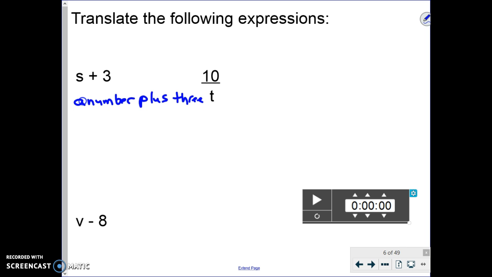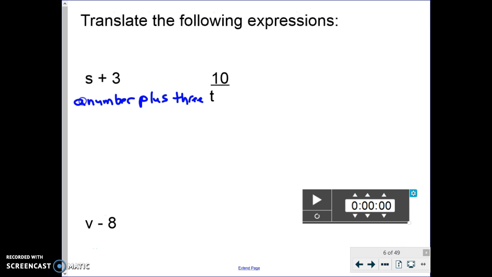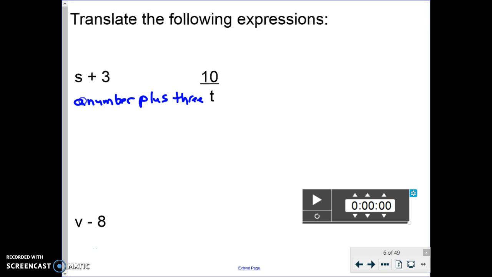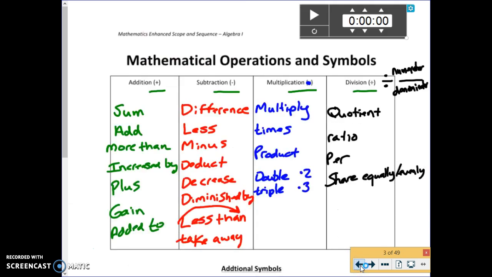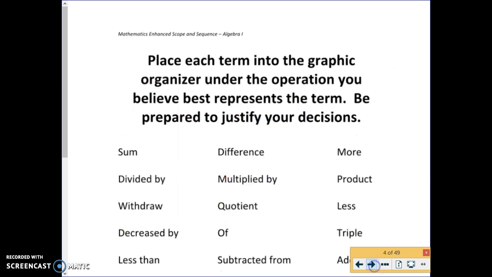There's lots of other ways we could say that. So if you take a look at your graphic organizer that we filled out, some of the other words that we know that mean addition, well, we could use any of these. We could use sum, we could use add, we could use more than, we could use increase by, we could just use plus, we could use gain or added to.